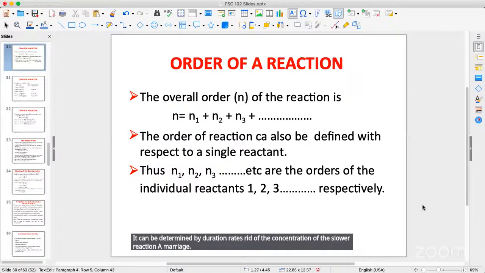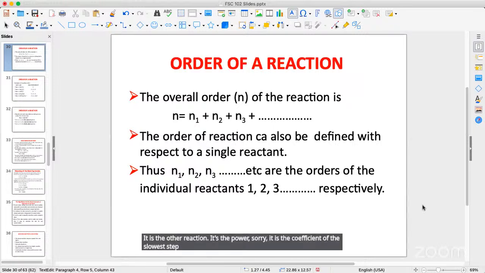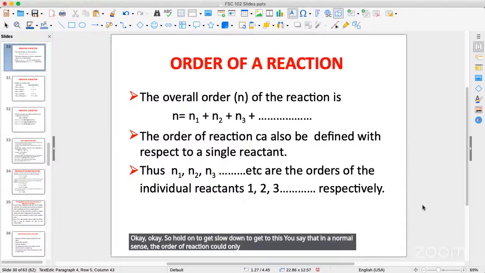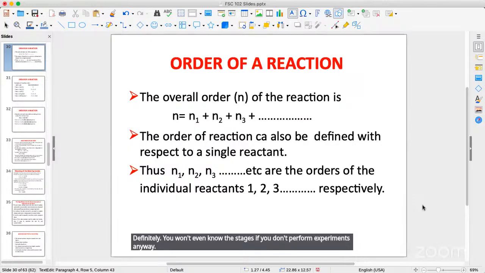It is the coefficient of the slowest step, or the molecularity of the slowest step. So you said that the order of reaction can only be determined experimentally, so we can only know the slower reaction if we actually perform the experiment. Definitely. You won't even know the stages if you don't perform the experiment anyway. Thank you. All right.